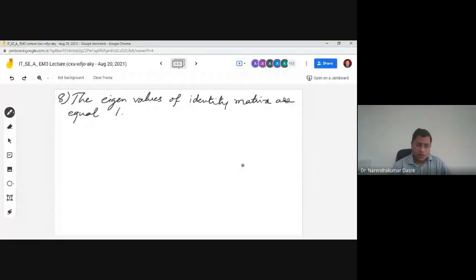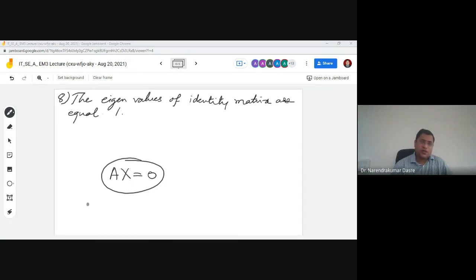Our system will always be of this type: (A minus lambda I) into x is equal to 0. This is the same as a homogeneous linear equation.